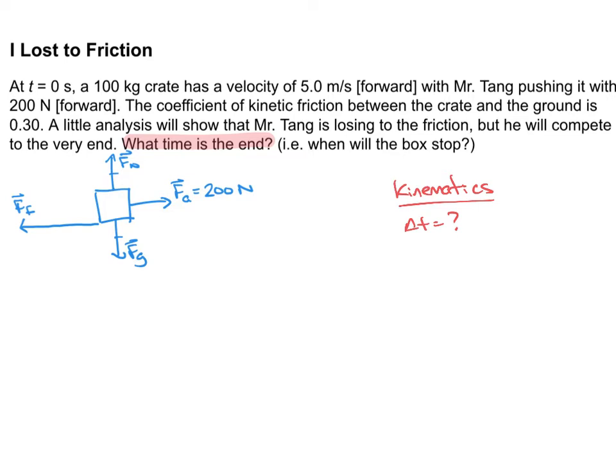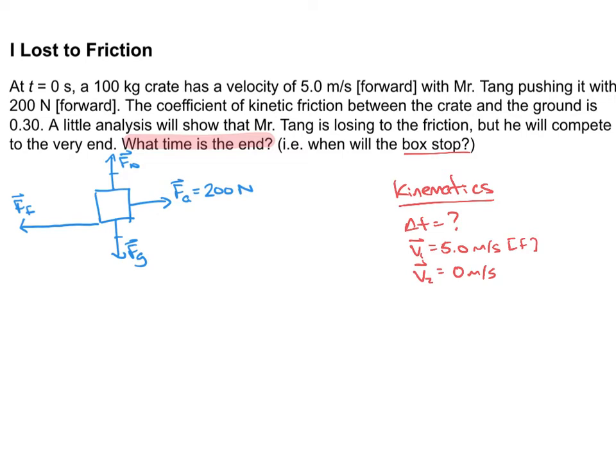I see that I start with a velocity of 5. This box is going to come to a stop, so the V2 will be 0. So no displacement is given here. 0.30 is given as the coefficient of friction.